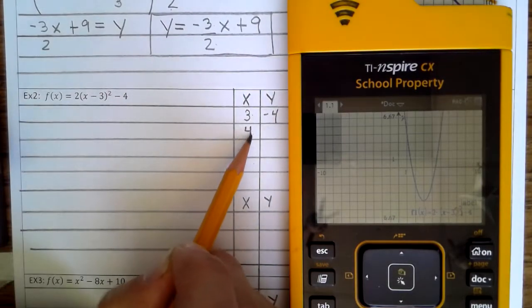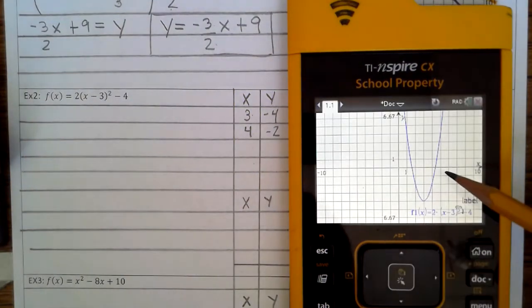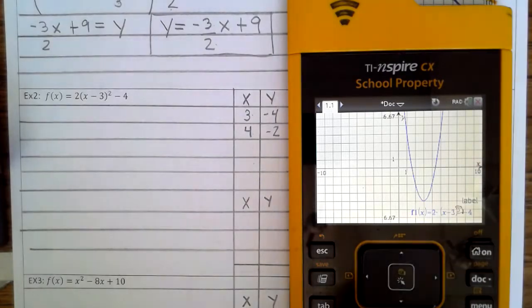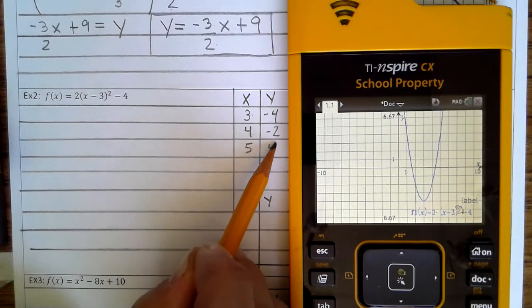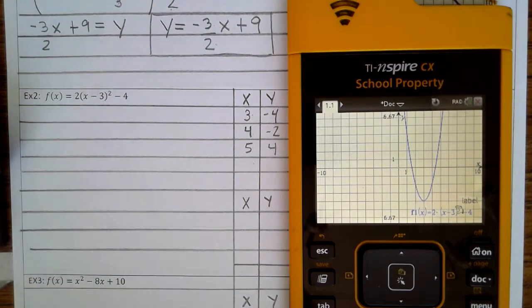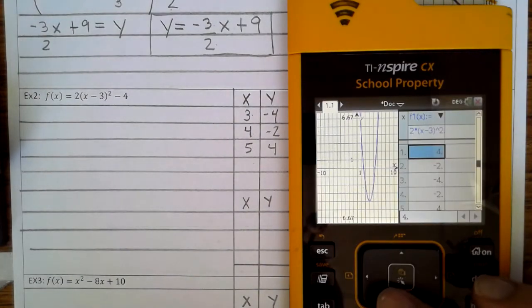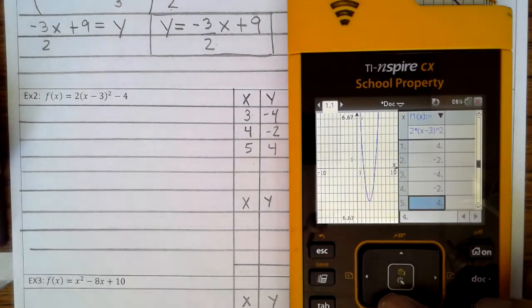And then our next point is 5, 4. Now, if you press Control T, let's verify those points are correct. So 3, negative 4, 4, negative 2, 5, 4, and let's go ahead and add one more point, 6, 14.